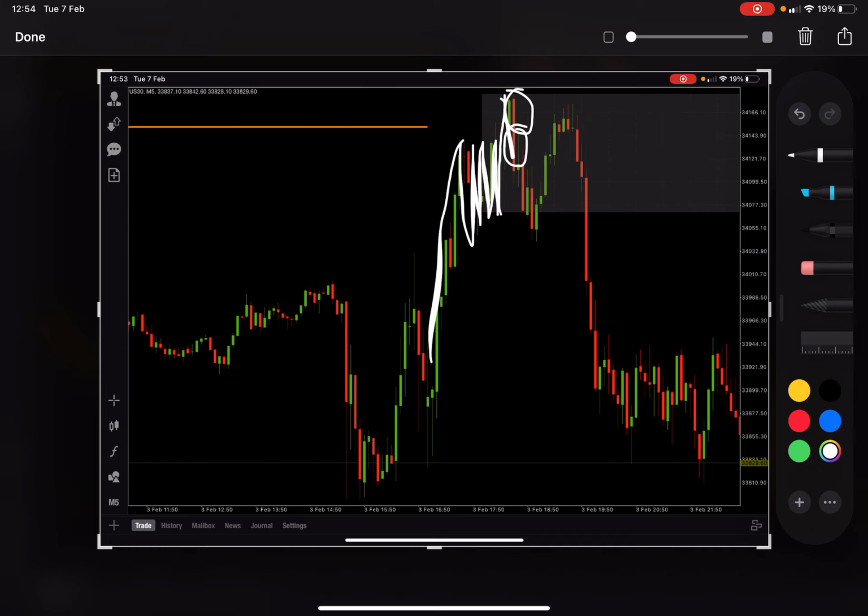And then you got the downwards move like that. Let's get rid of that. And then price retraced to retest this newly created bearish FU to create a higher time frame double bearish FU. So you're getting multiple confirmations on multiple time frames.